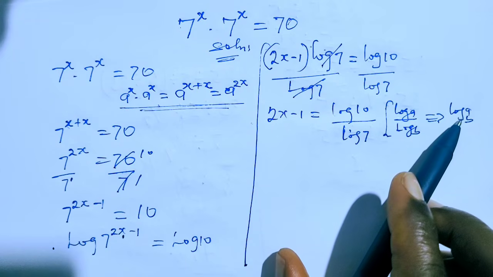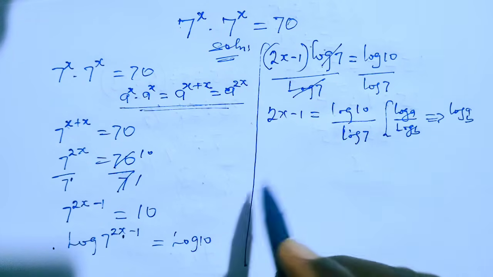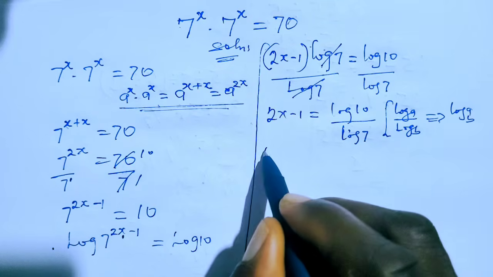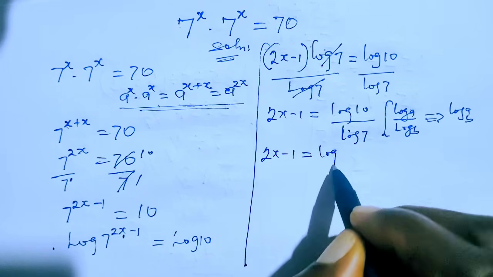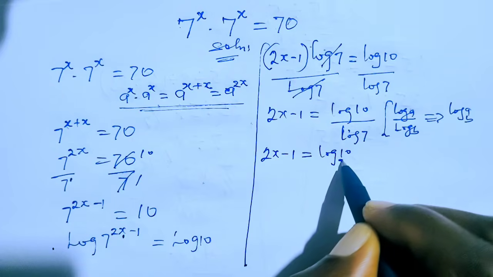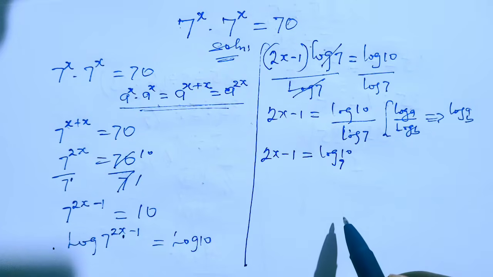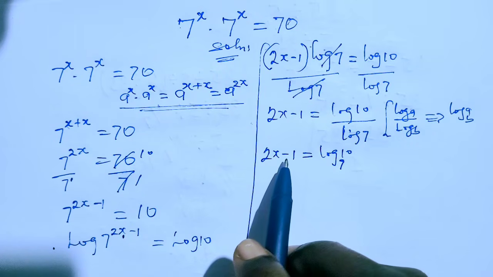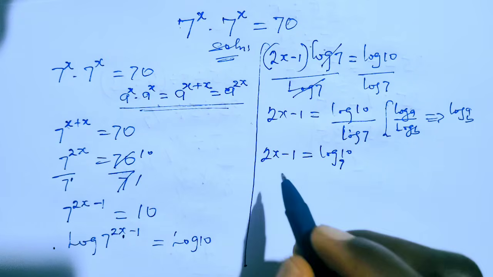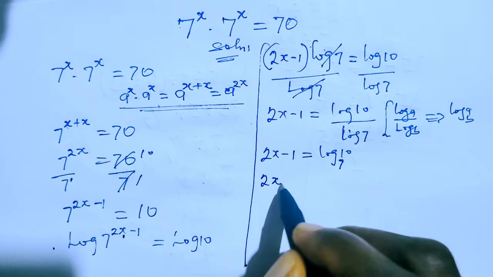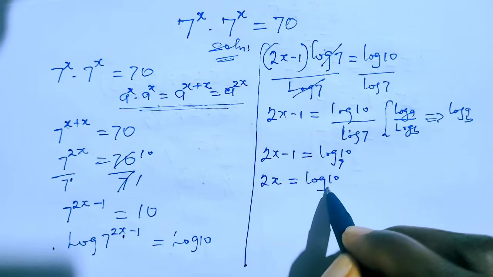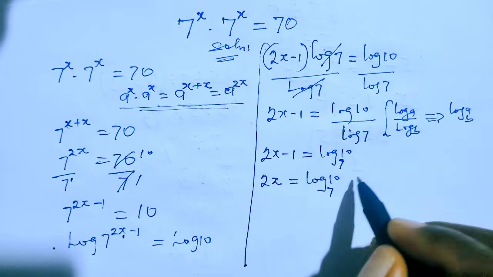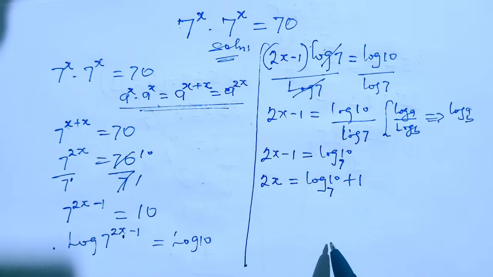Then we are going to apply this right here, and this equation becomes 2x minus 1 equals log 10 base 7. Here we are going to collect terms. We are going to move -1 to the right hand side of the equation, and we have 2x equals log 10 base 7. To move -1 down here, it becomes +1.